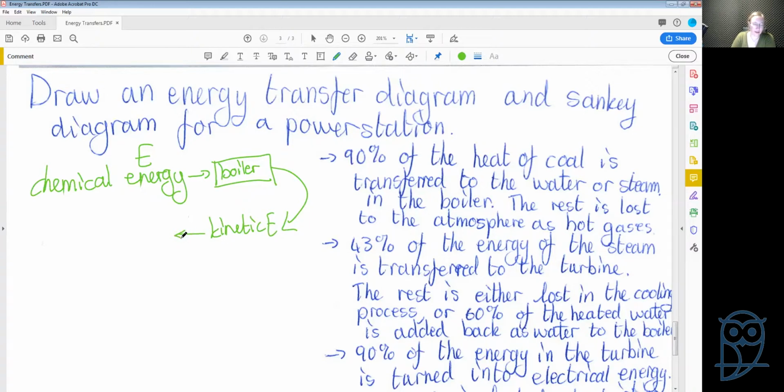The kinetic energy of the steam goes through the turbine to turn it into a different kinetic energy. This kinetic energy then goes into the electromagnet. So this becomes magnetic energy. So here we've got the electromagnet. Oi, that's not enough space.